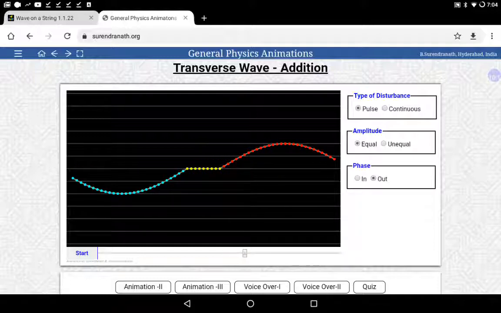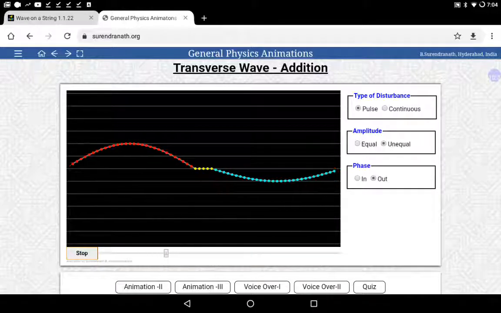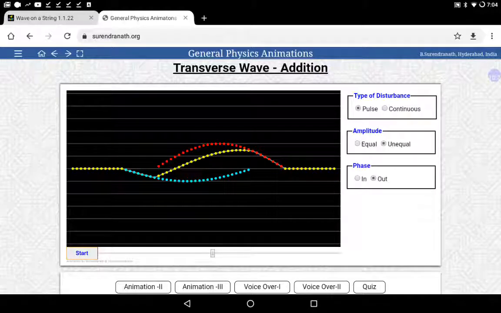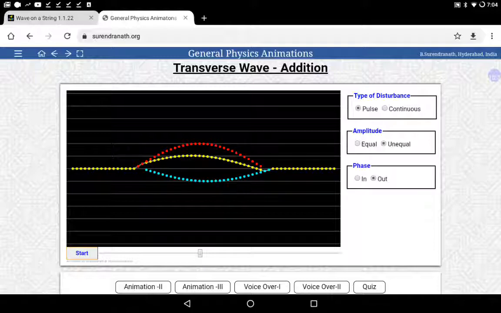Okay, and now let's look at unequal. So you can see how they add up with the unequal. We're just going to bring it to that middle portion there. And you can see when it's unequal how the addition works. So the red, we'll call that the positive displacement of the medium. The blue, we'll call that the negative.